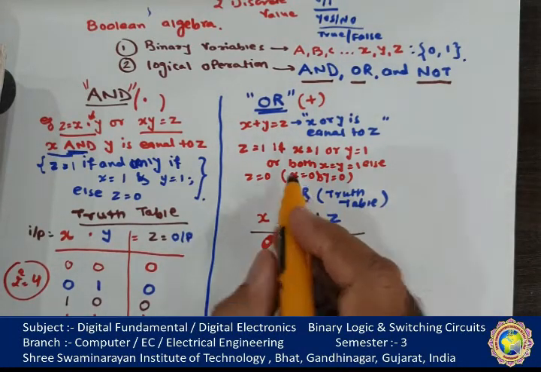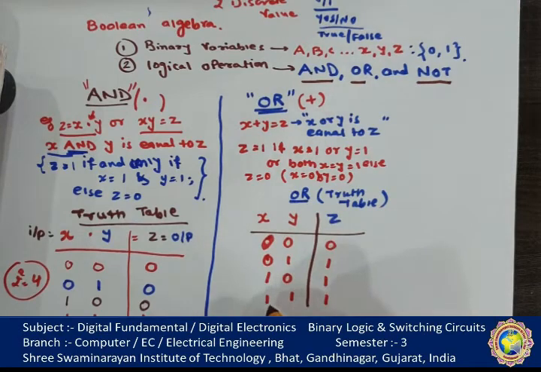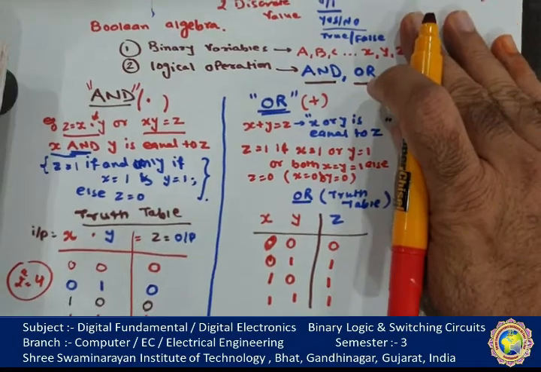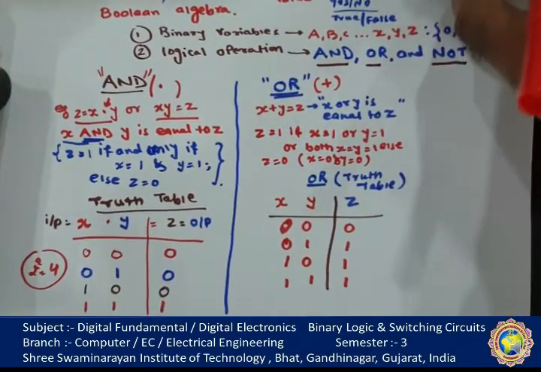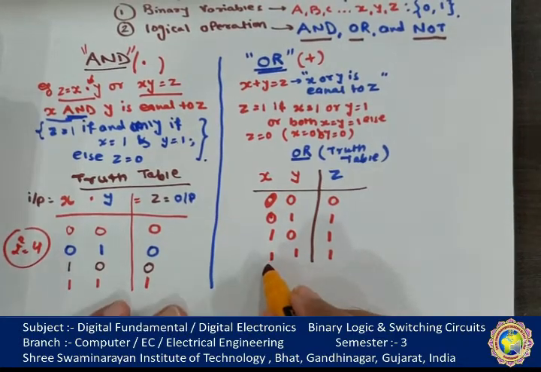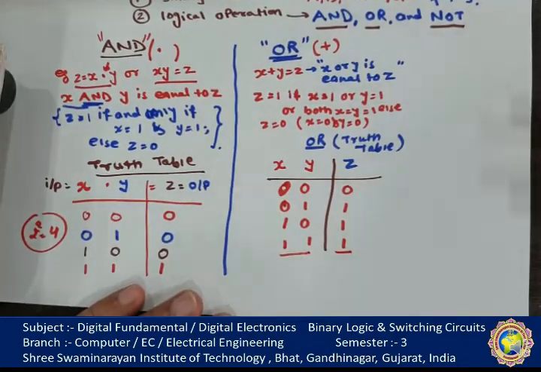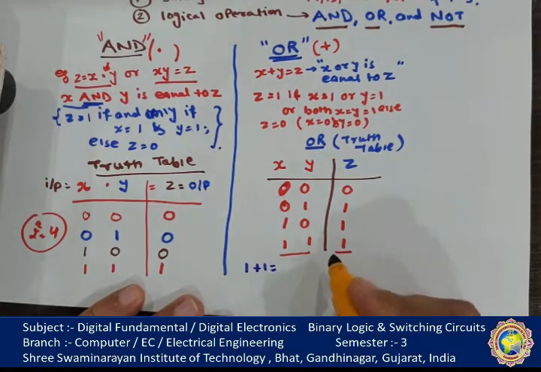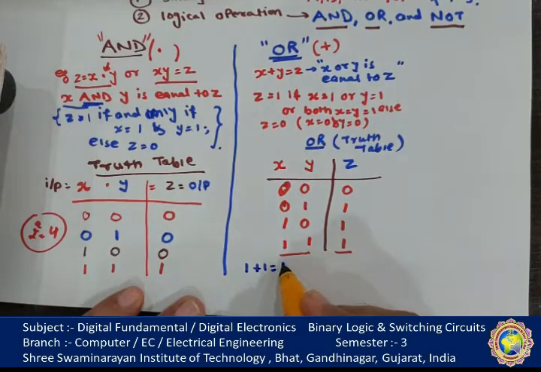Here, one thing to note down: please remember this combination, 1 plus 1. This last combination is very important, because in the previous numbering systems you understood that 1 plus 1 equals 10 in binary.